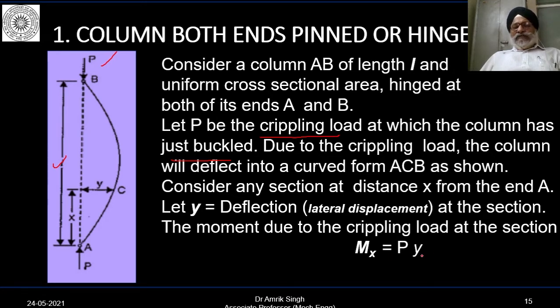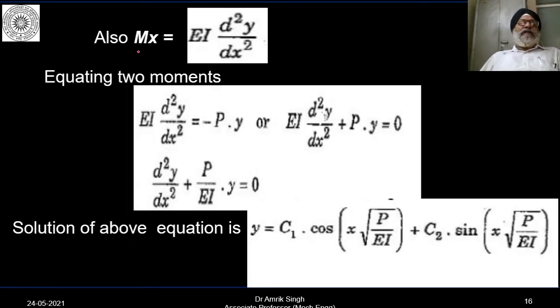So if you put this here, moment is equal to EI d2y upon dx square. Because of the sign convention it is minus. So EI d2y upon dx square is equal to minus Py, that we have just seen.